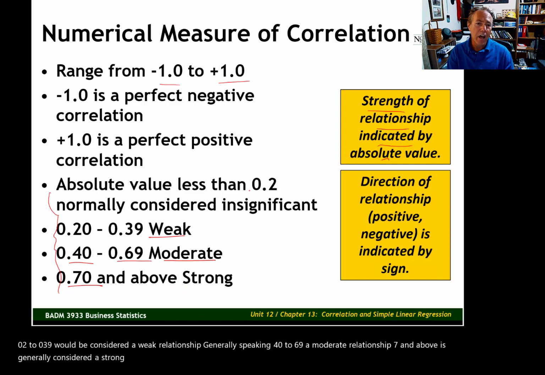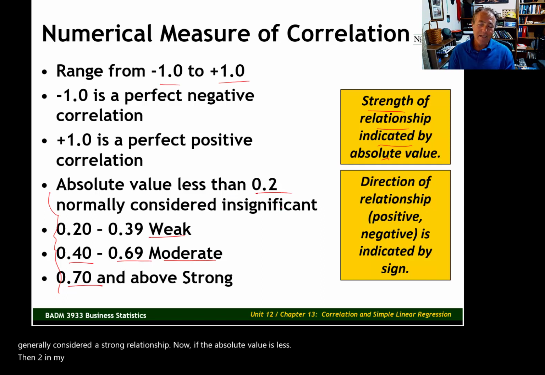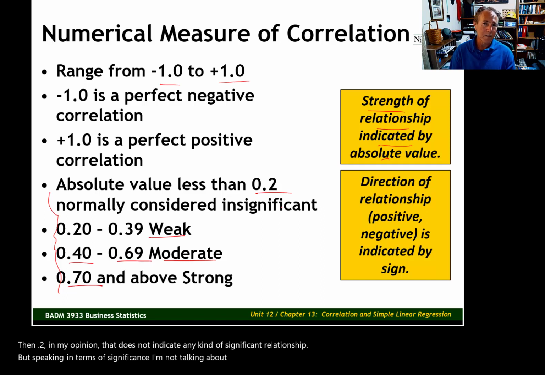Now, if the absolute value is less than 0.2, in my opinion, that does not indicate any kind of significant relationship. But speaking in terms of significance, I'm not talking about statistical significance from a hypothesis testing standpoint.